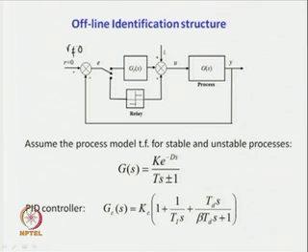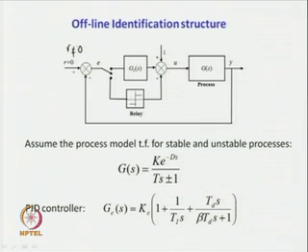When retuning of the controller is required, we need to set the reference input value R to 0, disconnect the controller and put a relay in the feed forward path. That is how upline identification is done using relay control systems.